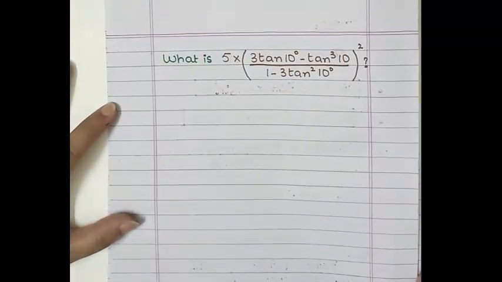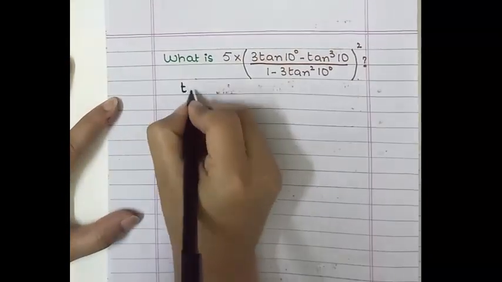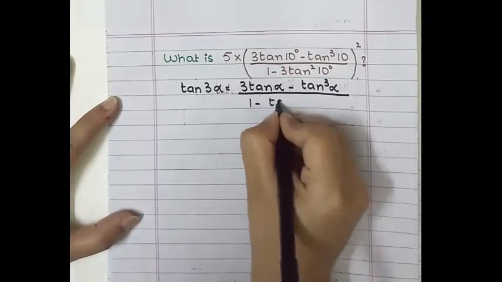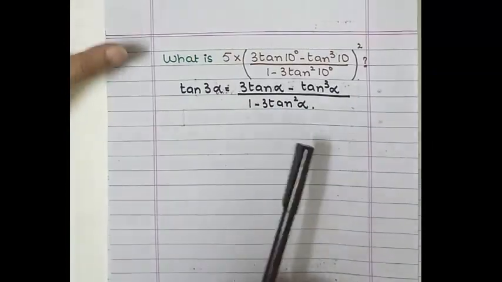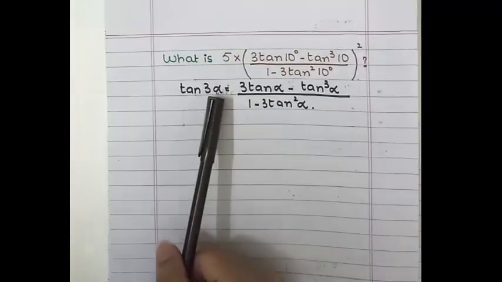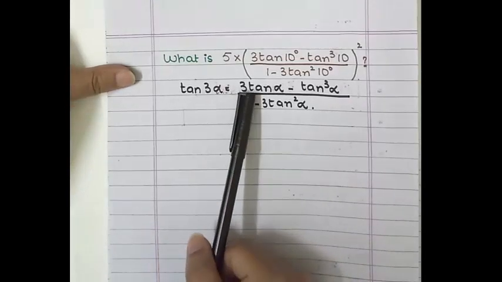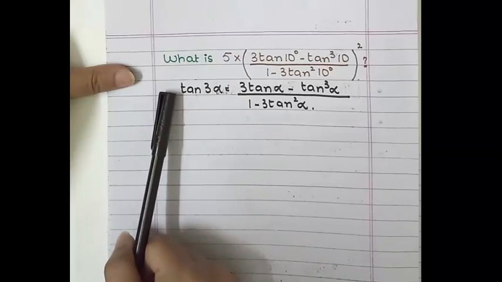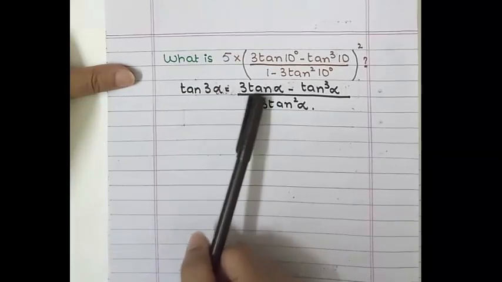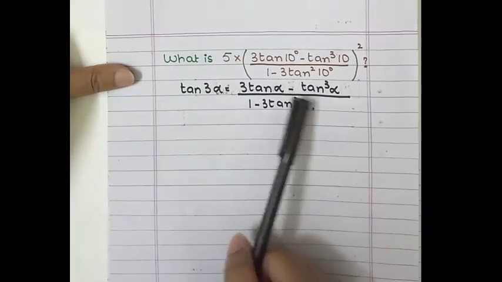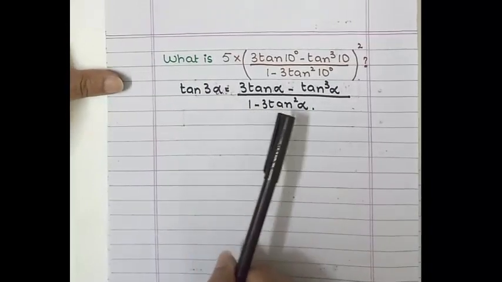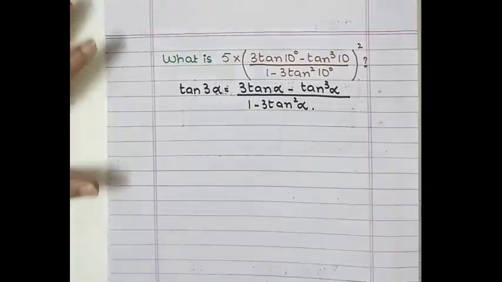The triple angle of tan is tan 3 alpha, which is equal to 3 tan alpha minus tan cube alpha divided by 1 minus 3 tan square alpha, right?